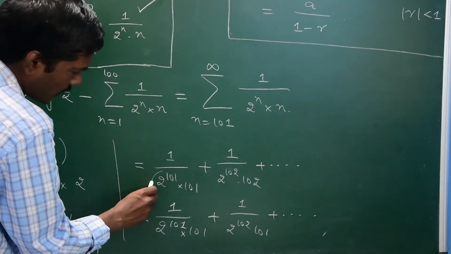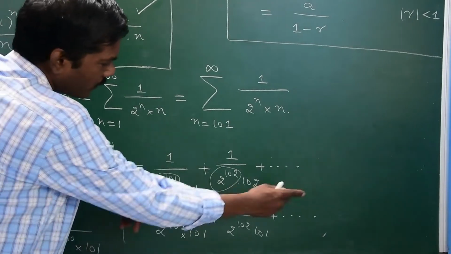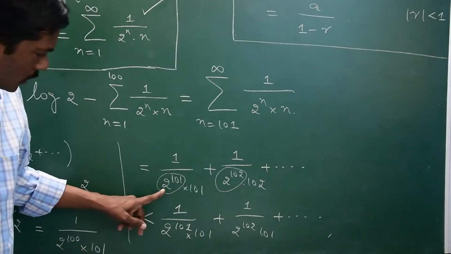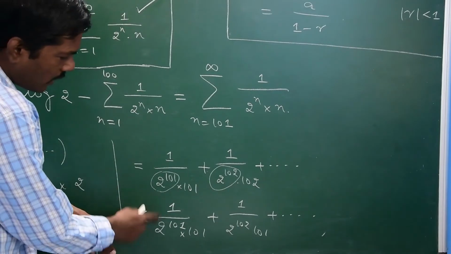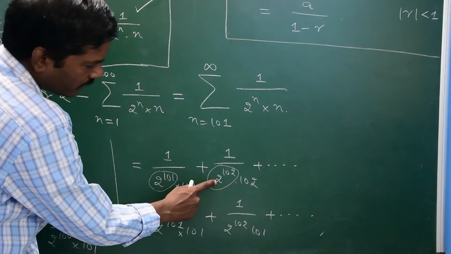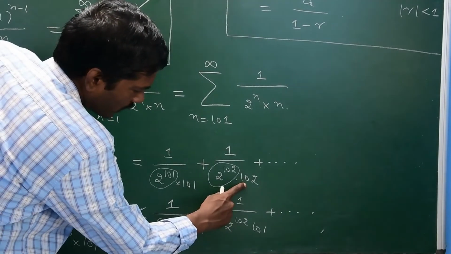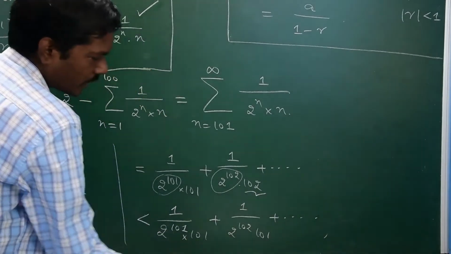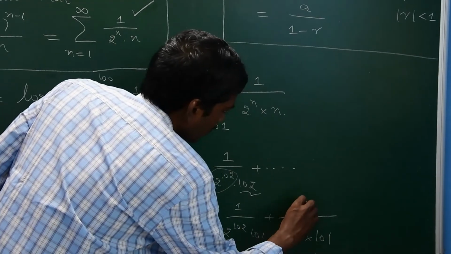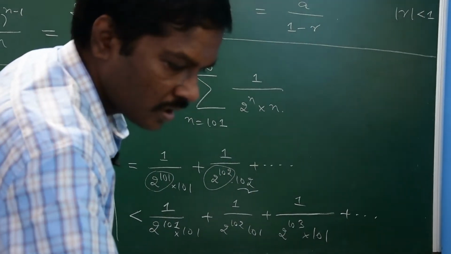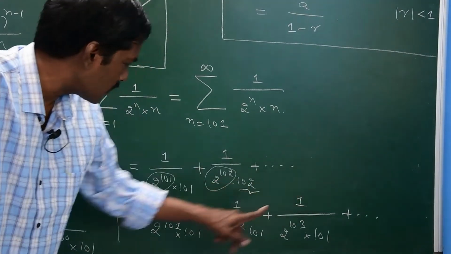In every term we replace the factor n by 101, so this is less than 1 over 2 to the power 101 times 101, plus 1 over 2 to the power 102 times 101, plus 1 over 2 to the power 103 times 101, and so on. So we replace 101, 102 and so on, all by 101.